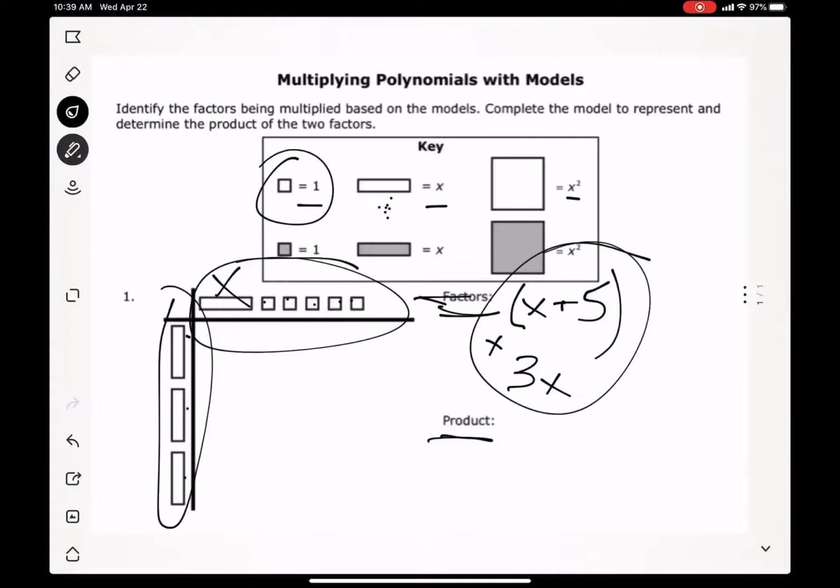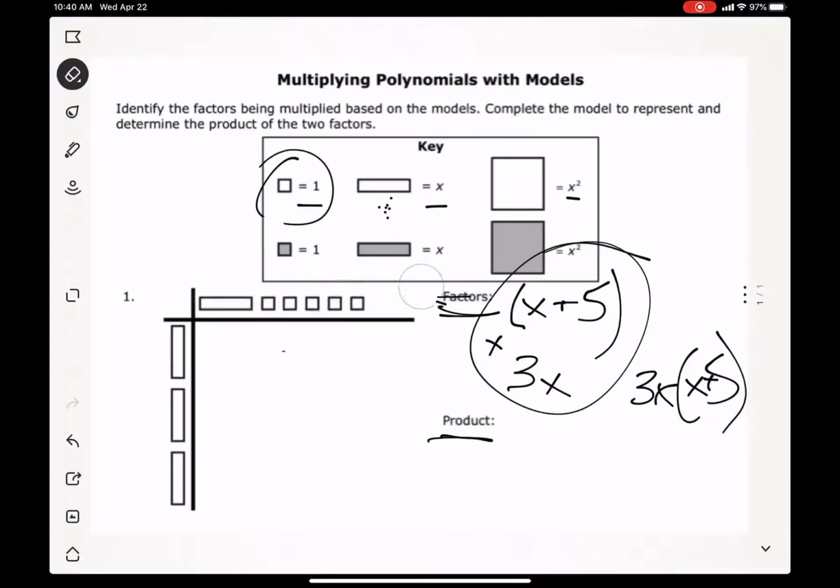It's going to look like 3x times x plus 5. All right, and so last week we worked on doing this using the FOIL method, right? But this week we are going to use this box method here, okay? And so we're going to try and get this product.